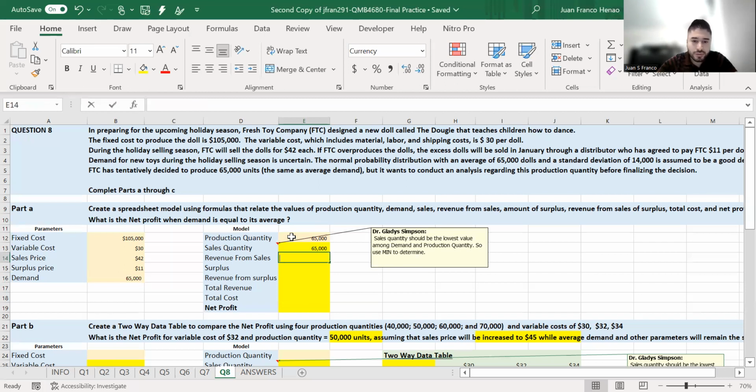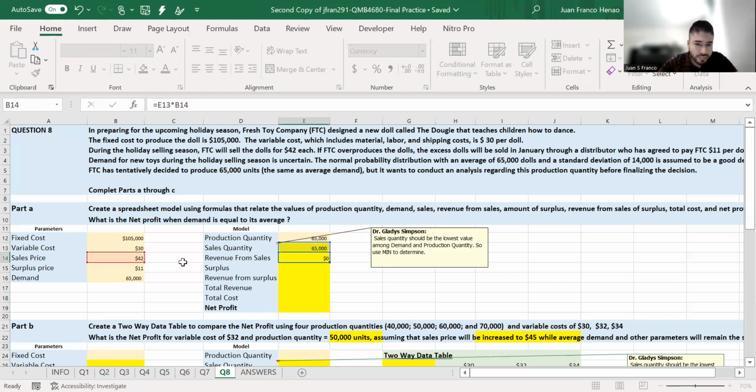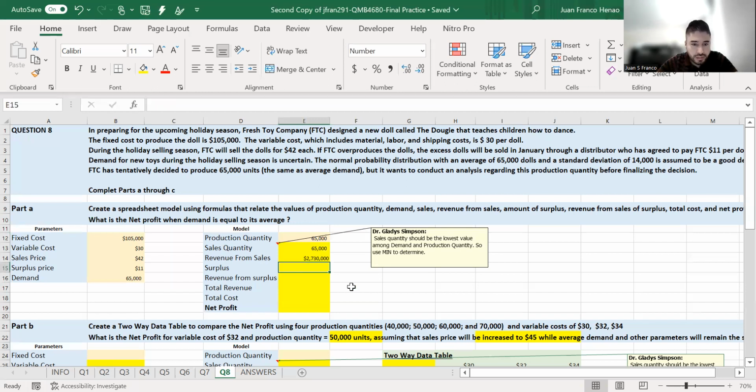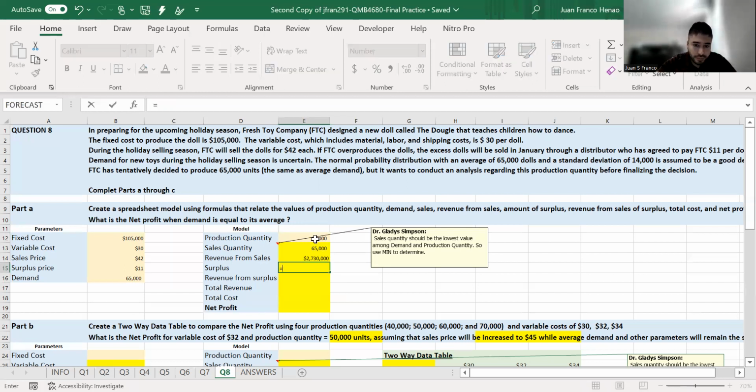And the revenue from sales would be our sales quantity times the sell price, and the surplus would be the production quantity minus the sales quantity.